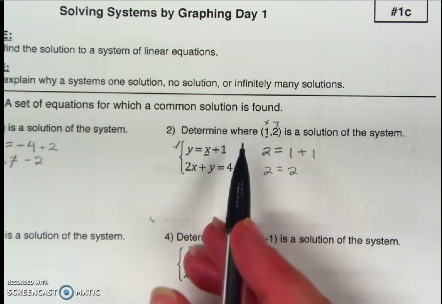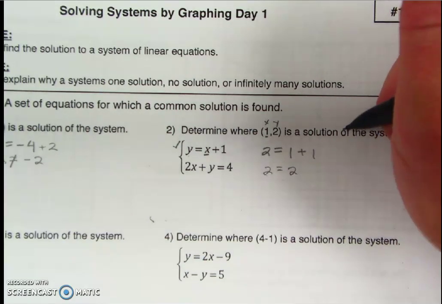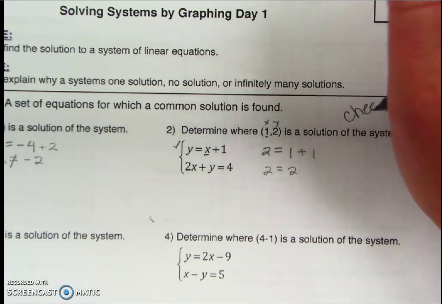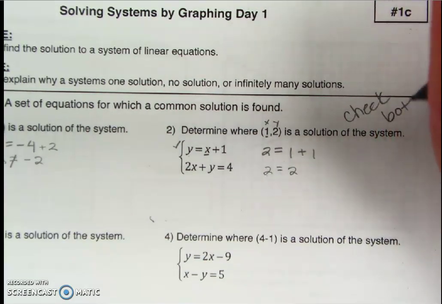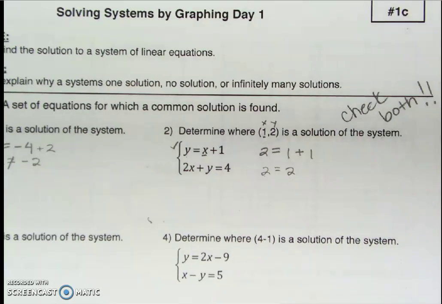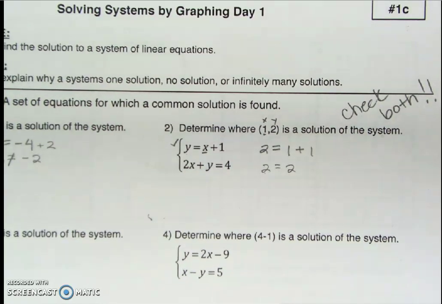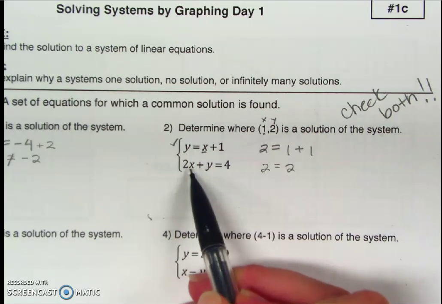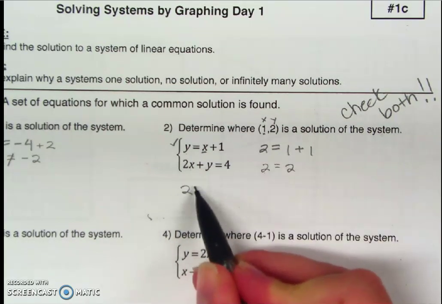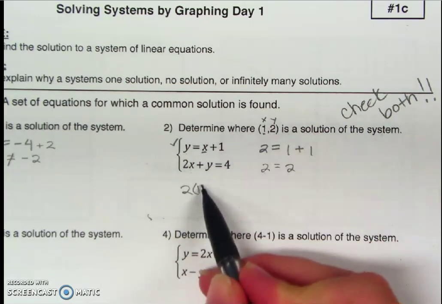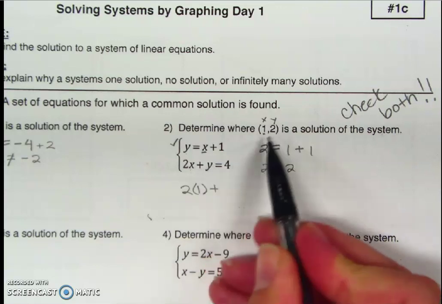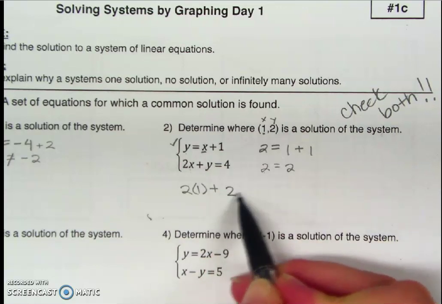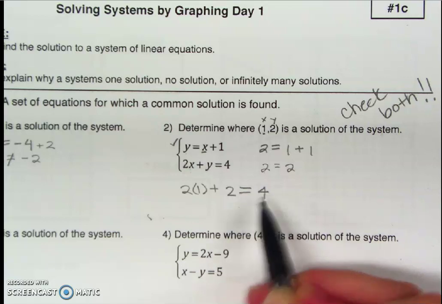We have to check both. So to the side right here, please write check both. It has to work for both. Okay, so let's plug it into the next one. 2 times x. So that means I'm going to write 2 times 1 plus y. So instead of y, I'm going to write 2 should equal 4.